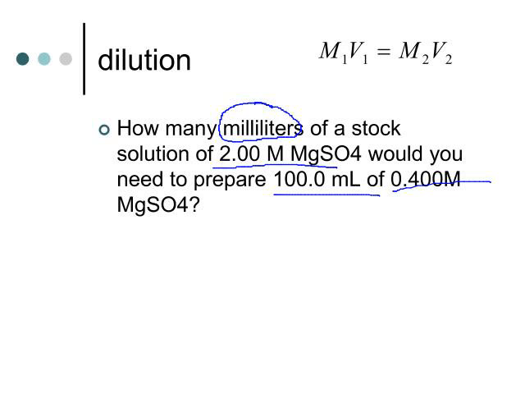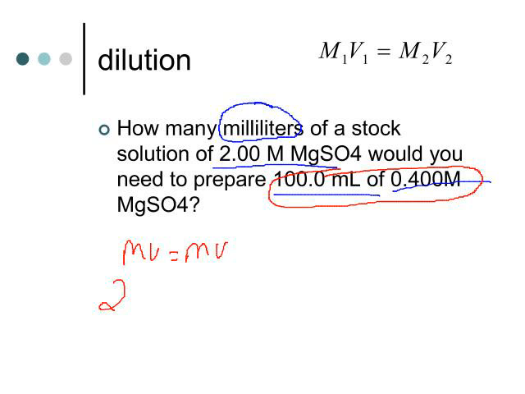These 2 numbers that are next to each other, that was a common mistake when I was grading things. The numbers that are near each other, that say of or in or whatever words we use, they're near each other, they belong to each other. So plugging it into our MV equals MV, I have the 2V equals my 0.4 times my 100.